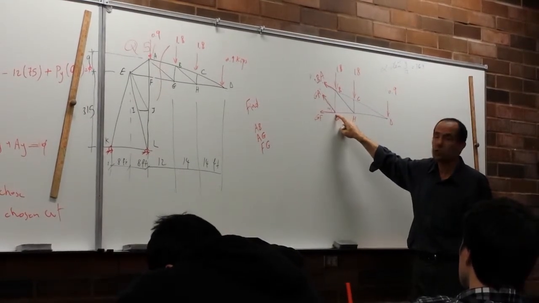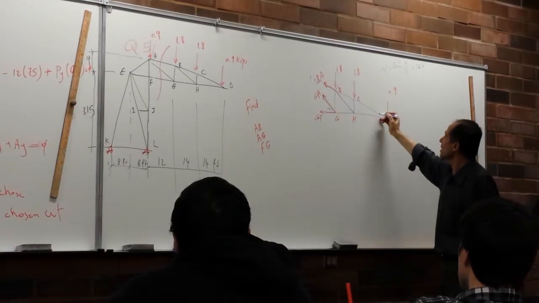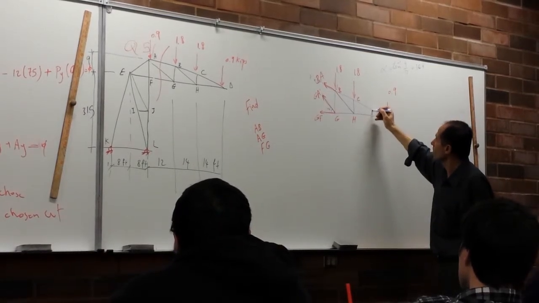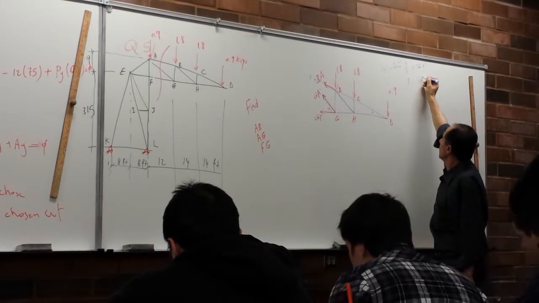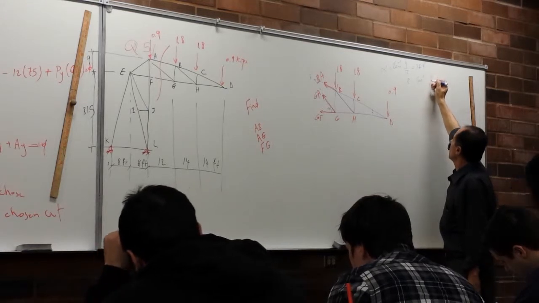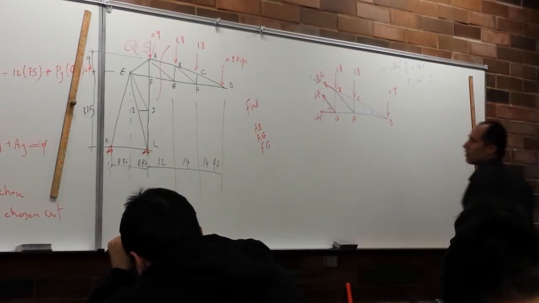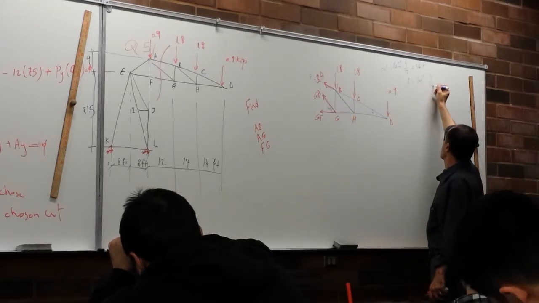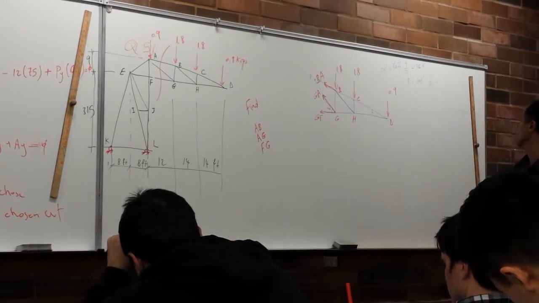Sum of moment here at G, I get rid of these two forces, I get this one. What is this angle here, beta? Inverse tangent of 9 over 40. Give me please a number for this, beta.